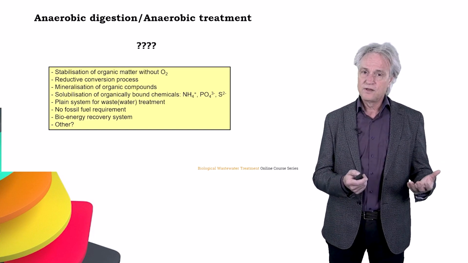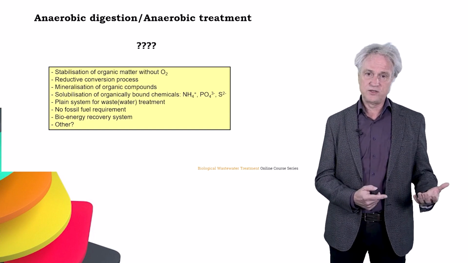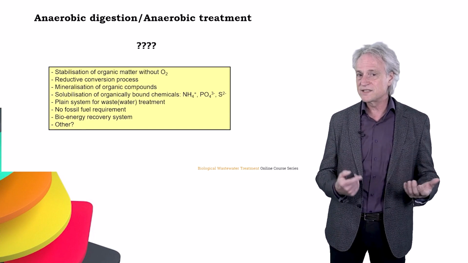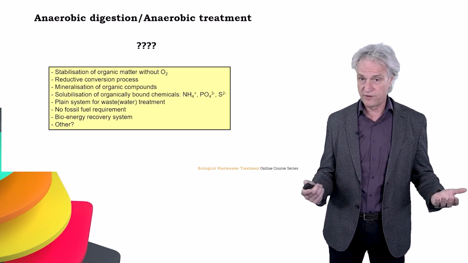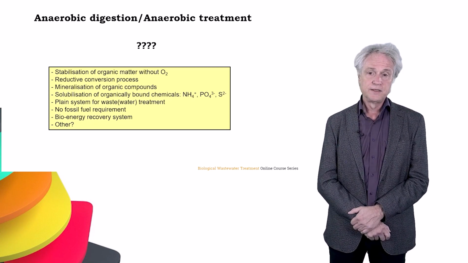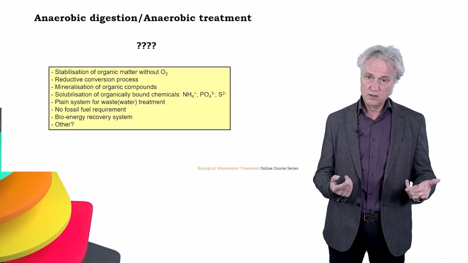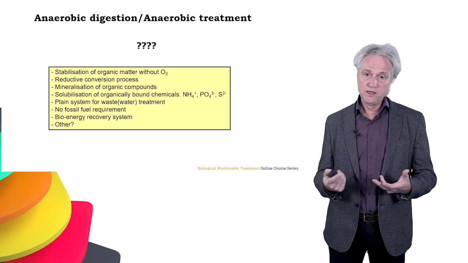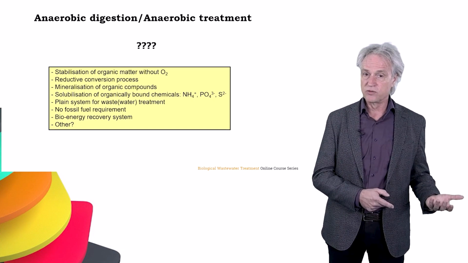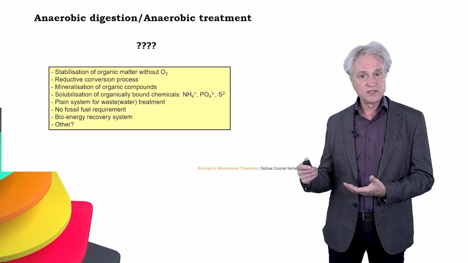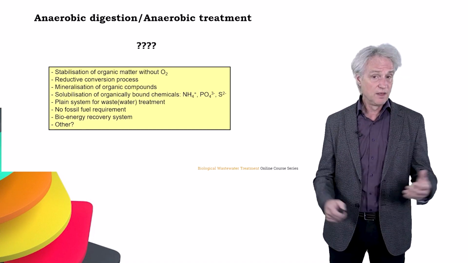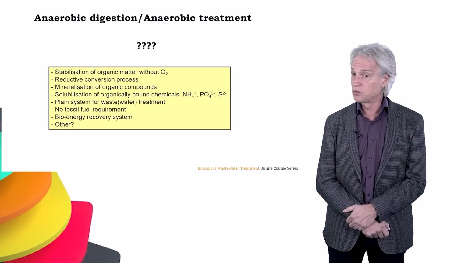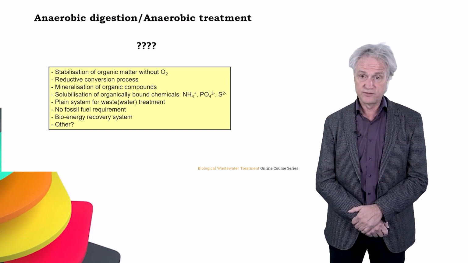The fact that we do not need aeration means that we are talking about a plain system for wastewater treatment, and there's no fossil fuel requirement. Moreover, as we will see, if you stabilize it anaerobically, we have bioenergy conversion. The organic matter is transformed into methane gas, into biogas. And maybe there are other advantages that we'll come across during this lecture series.